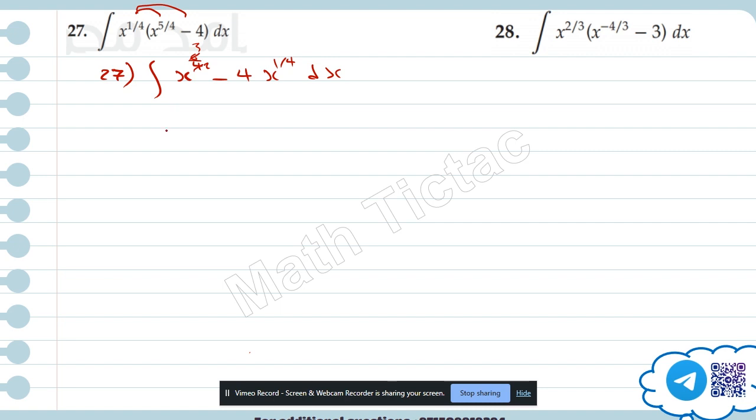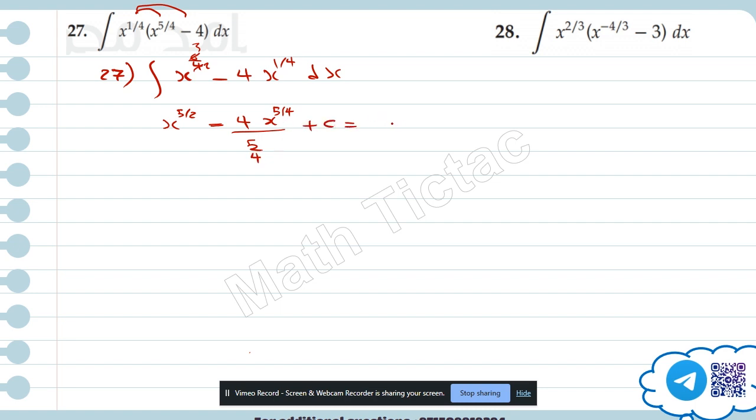Now the integration of x to the power 3 over 2 will be x to the power 3 over 2 plus 1, which is 2 over 2, so this is 5 over 2. Now minus 4 x to the power 1 over 4 plus 1, which is 4 over 4, so this is 5 over 4 divided by 5 over 4, plus c. We can simplify this.